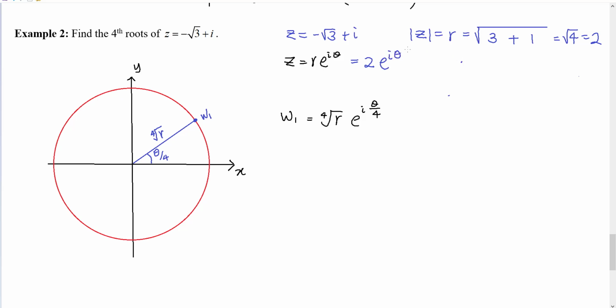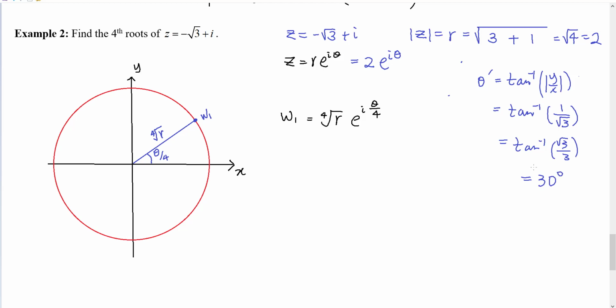We're going to find theta by finding theta prime first, the reference angle. It's the tangent inverse of the absolute value of y over x. Absolute value means ignoring negative, so y is 1 and x is square root of 3, which is tangent inverse of square root of 3 over 3. You know that's 30 degrees, and that's the reference angle. But now this complex number has a negative x and positive y, so you are in quadrant 2.